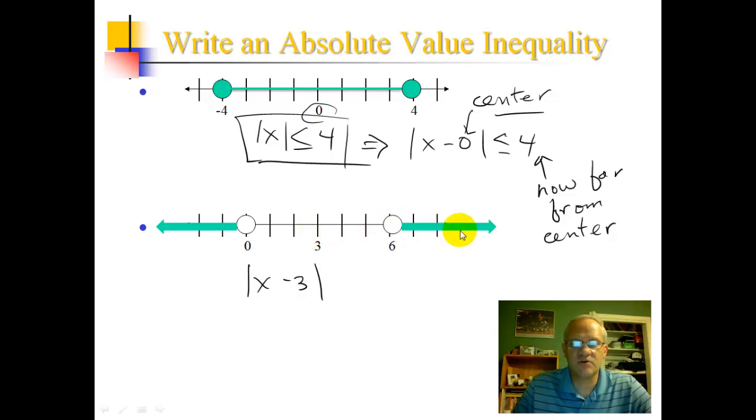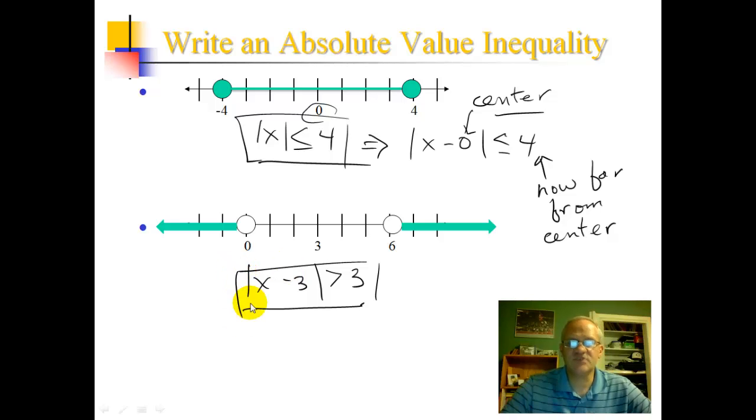Well, the arrows are going out, so it's further away. So we're going to say greater than. Do we put equal? Nope, because these are open circles, so no equal. And then how far away are these circles from the middle? 1, 2, 3. So we'd say greater than 3. So in this case, what we would say here is absolute value of x minus 3 is greater than 3.